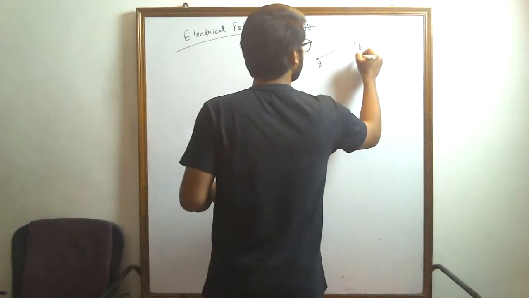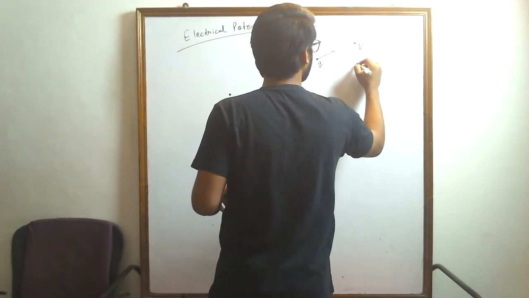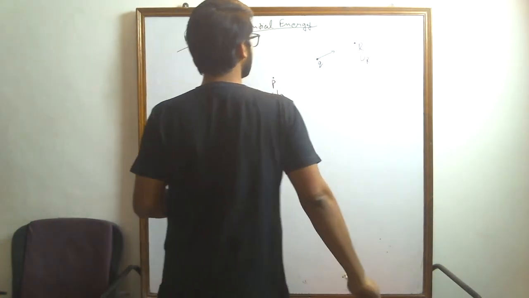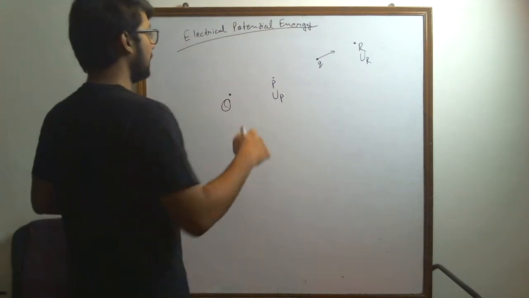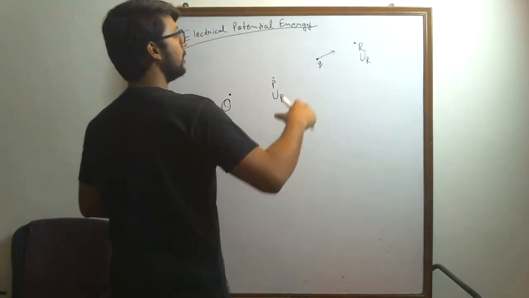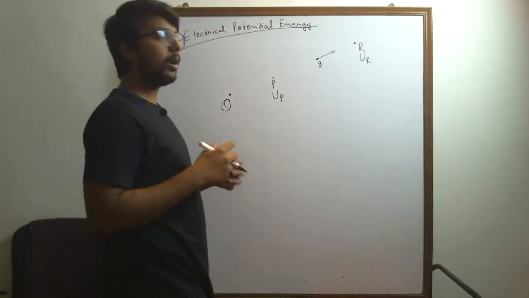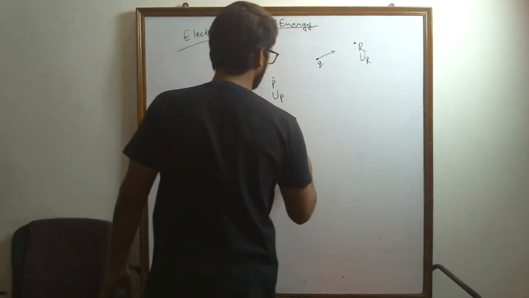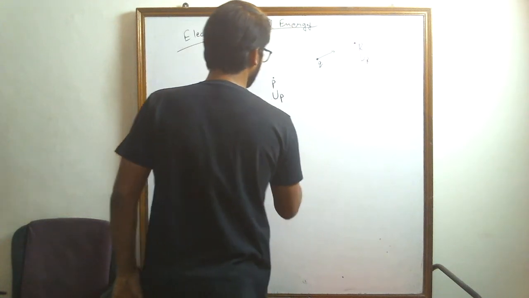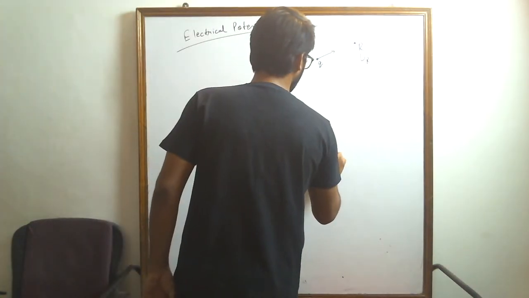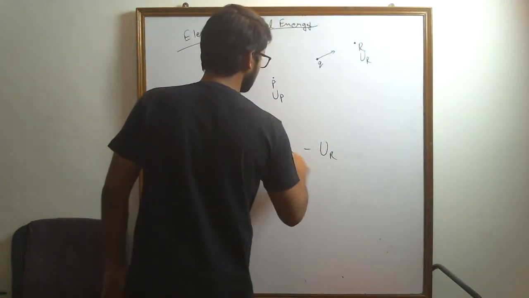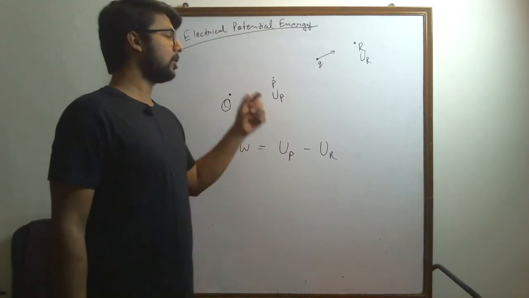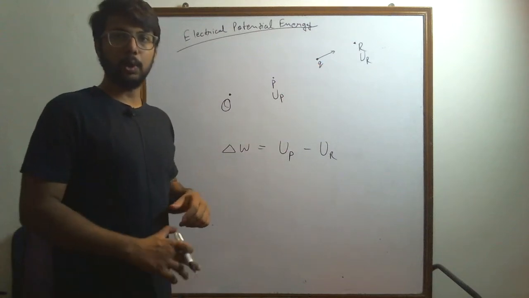Okay, so suppose the potential energy over here at R is say UR, and the potential energy here is UP, then the potential energy that was applied by me, or that got stored in q, will be equal to delta W, which is simply equal to UP, the final, minus UR, the initial, and this will give me my work done or the change in potential energy of this charge small q.